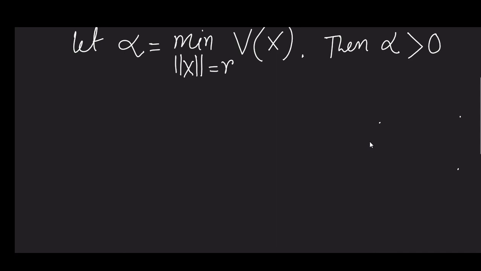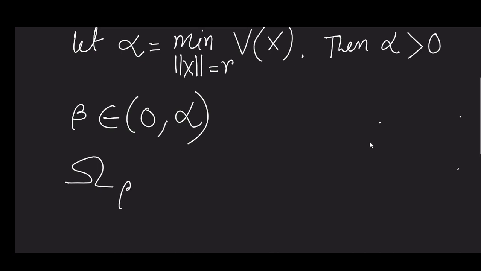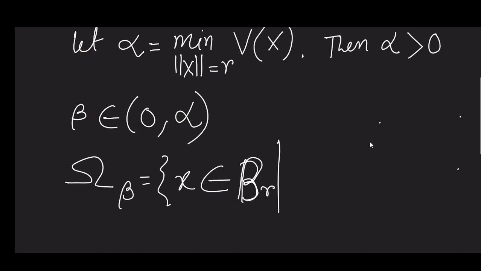Now with this we can take beta belonging to the open set 0 comma alpha such that the region of this is defined as follows. So what is beta?